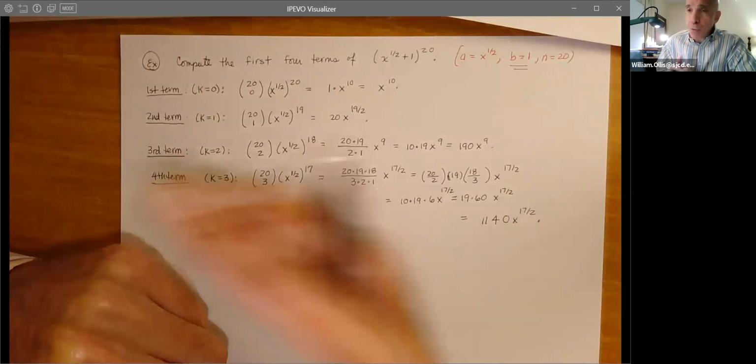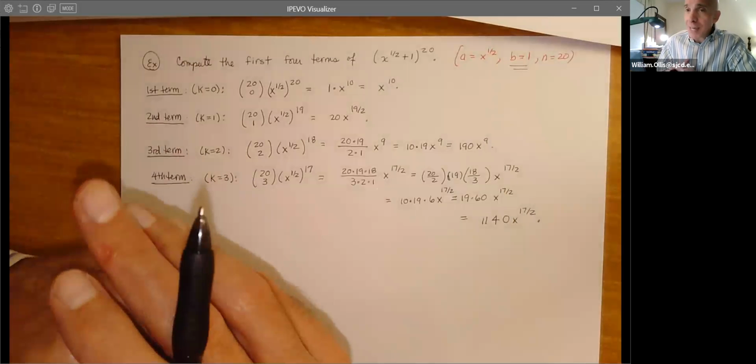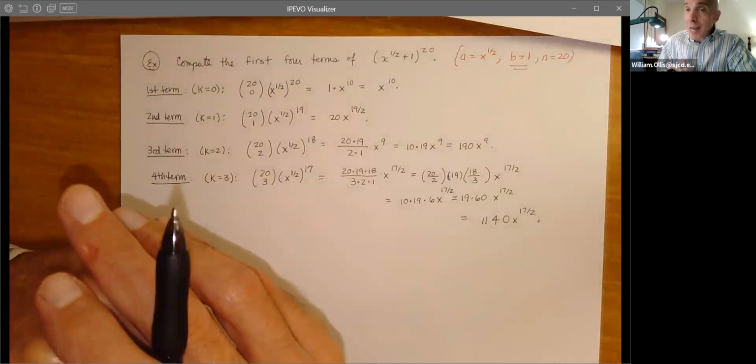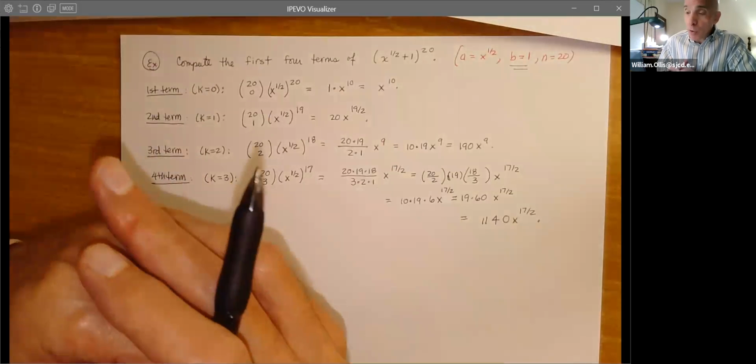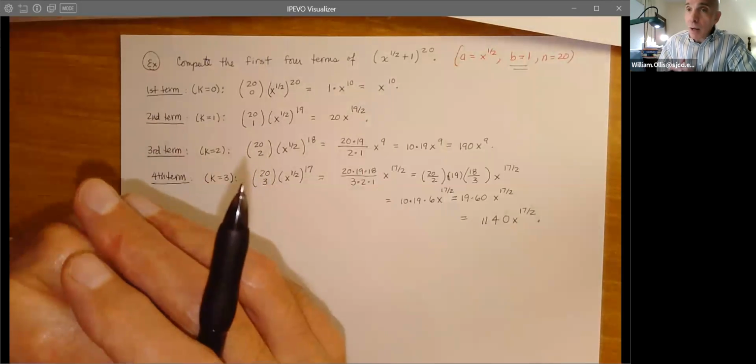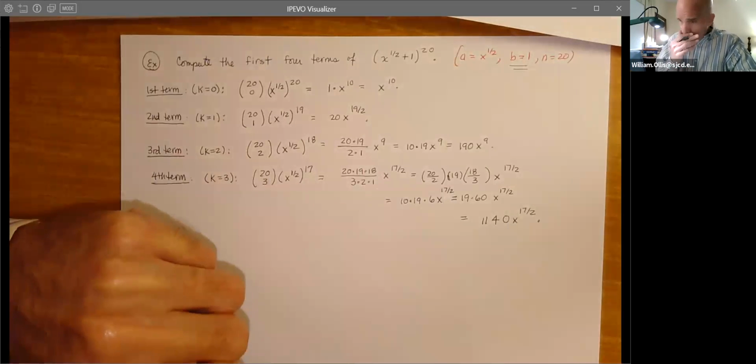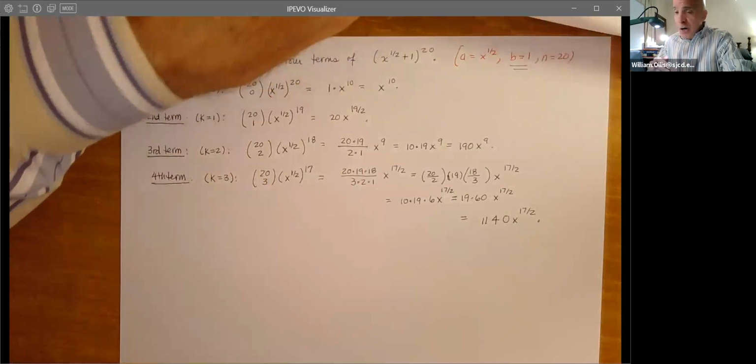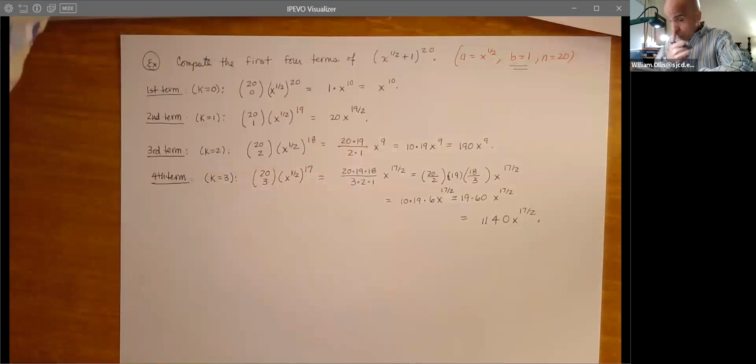So if you wanted to prove the binomial theorem in terms of counting, you could as a combinatorial proof, or you could actually prove it using induction.